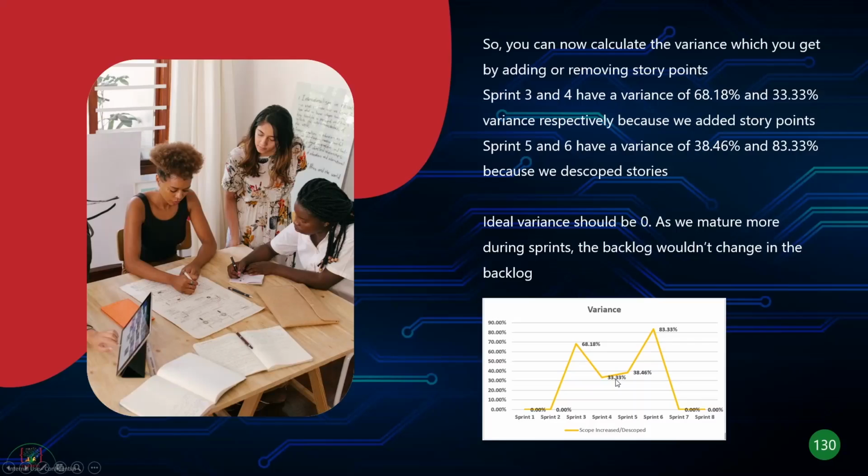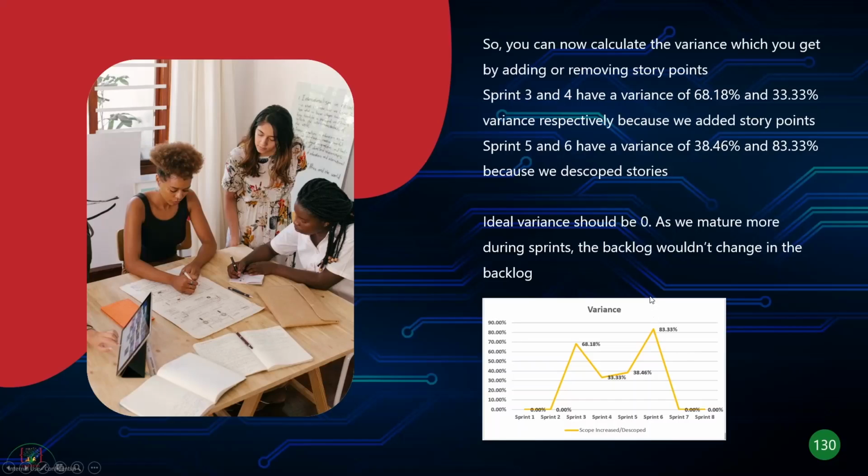And then I added some stories in sprint 4, 33%. Then I took away some stories. So there's a variance here. The variance will show that there were some changes made to your story points. So this is a good way to show that scope changed, right?